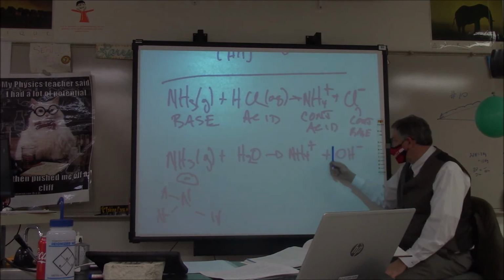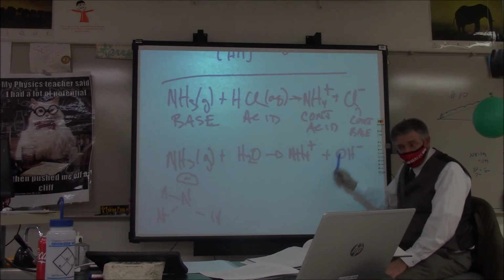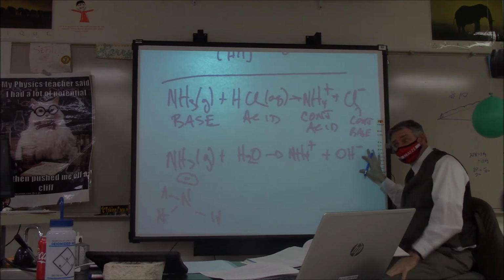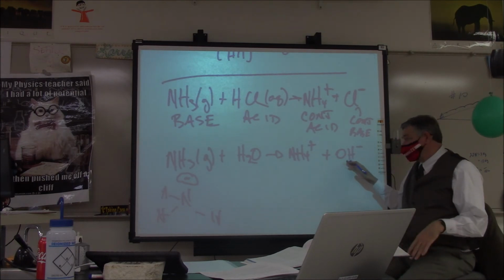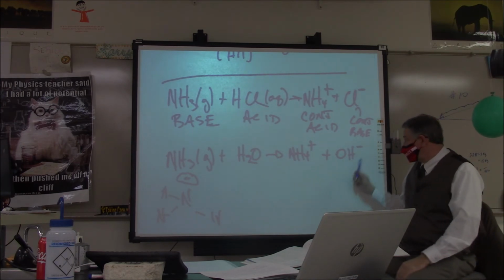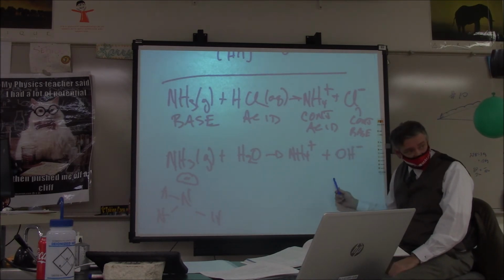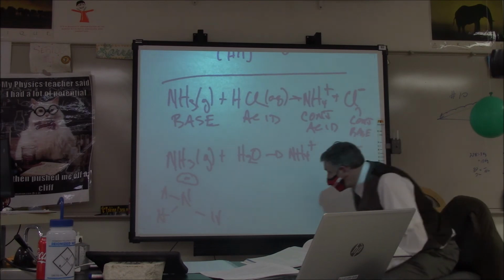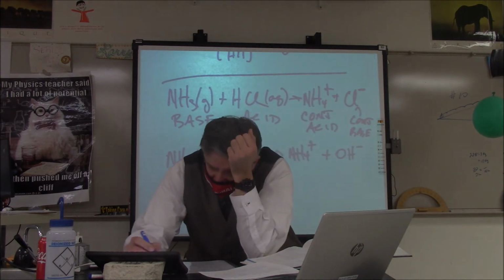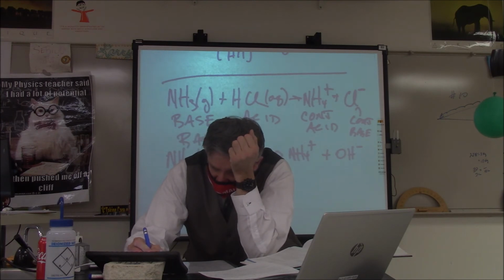What you're going to create out of this are hydroxide ions. Because you're generating hydroxide ions, this actually makes the pH go up. It turns the solution basic. Now, here's the anomaly. Here's ammonia, still acting as the base.